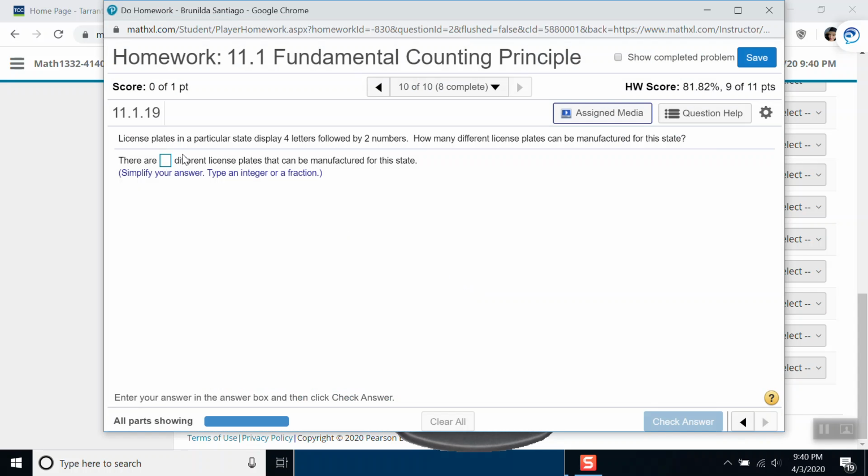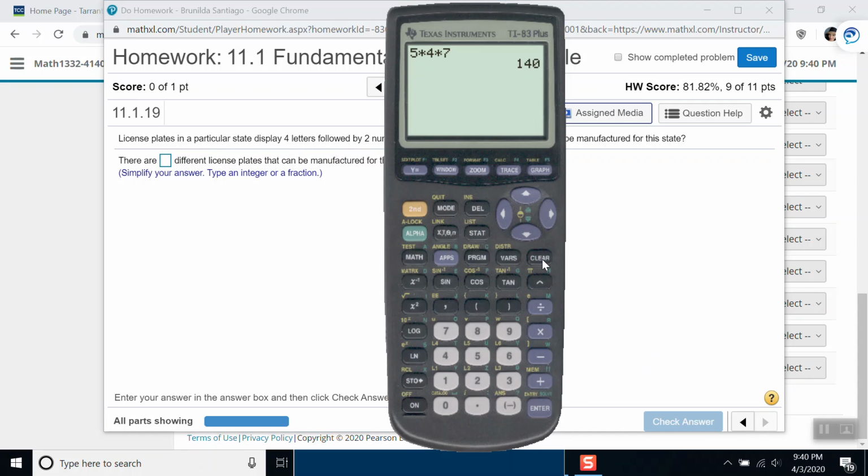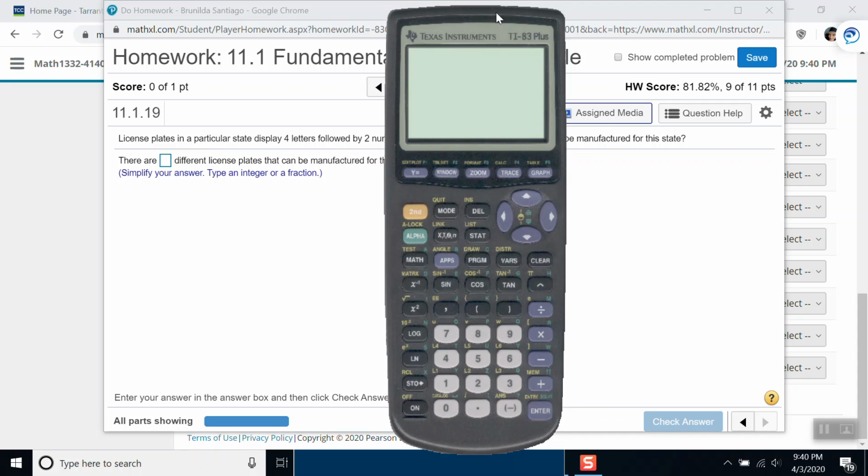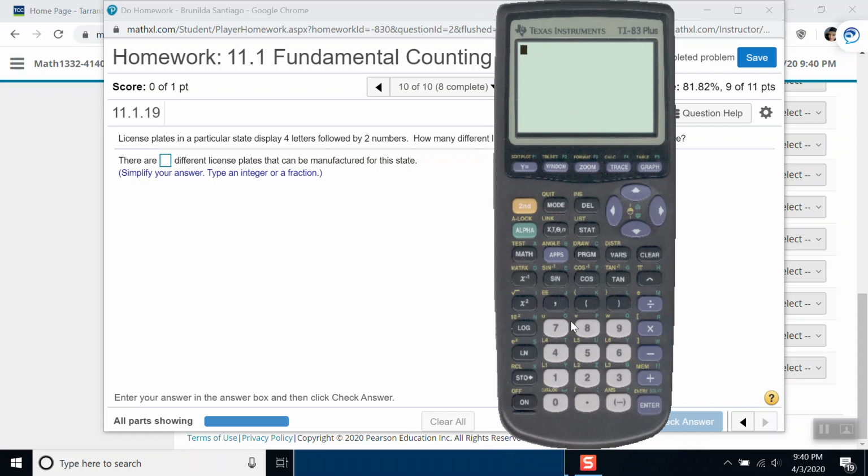Okay, license plates in a particular state display 4 letters followed by 2 numbers. So for 4 letters, there are 26 letters in the English alphabet.